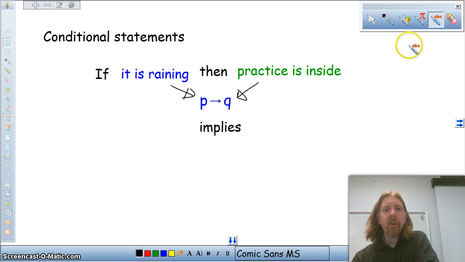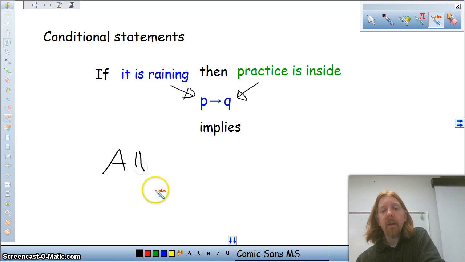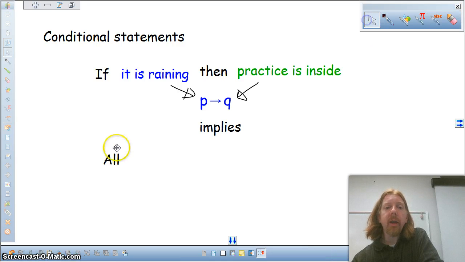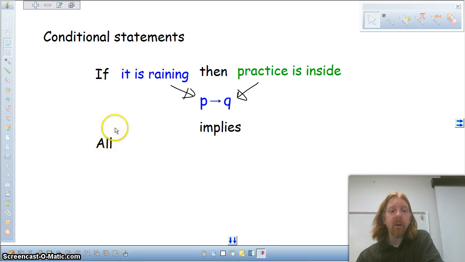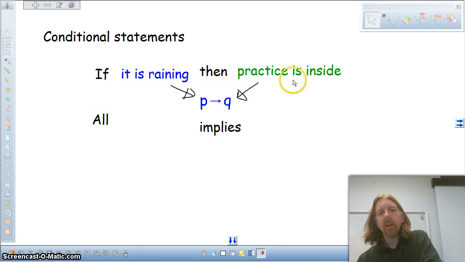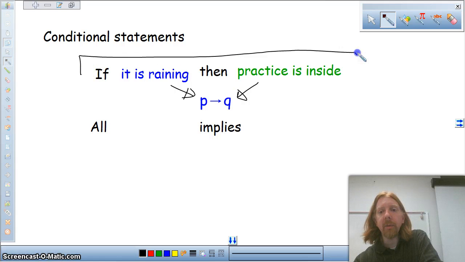You might also hear phrases along the lines of all times, using the word all. So for example, I might say, all the time that it rains, we practice inside. In other words, raining leads to practicing inside. And these are other words that we use to set up this conditional statement.